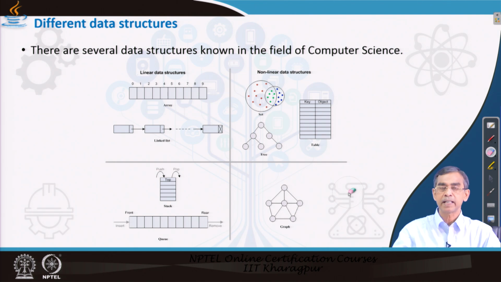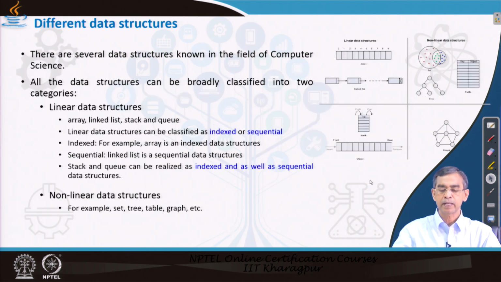So this is the idea about different data structures and their concepts, so far as manipulation is concerned. As I have already told you, all data structures can be broadly classified as linear and non-linear. Linear again is called indexed or sequential. This is an example of indexed and this is an example of sequential.